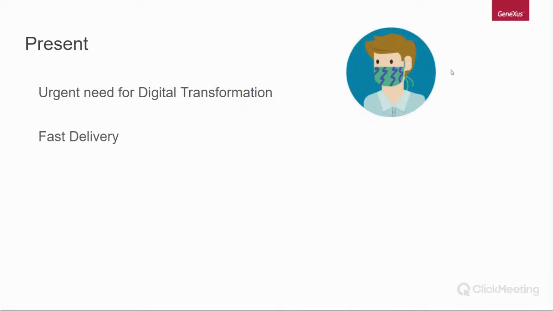What did this urgent need for digital transformation require? That a lot of projects had a fast delivery. Projects that had time frames or delivery plans that were for maybe the next year had to be done this year, in order to carry on with all of the processes that the company needs in order to function.